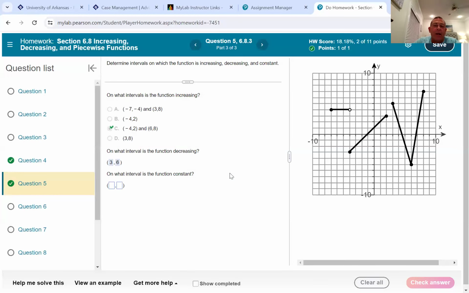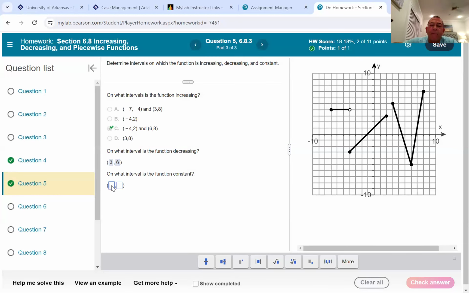And then how about the constant? So the constant is my little straight line there. So what I need is the x value of that dark point first. So I'm at my dark point, so I'm going to go straight down to the x-axis. And let's see. I got -10, -9, -8, -7.